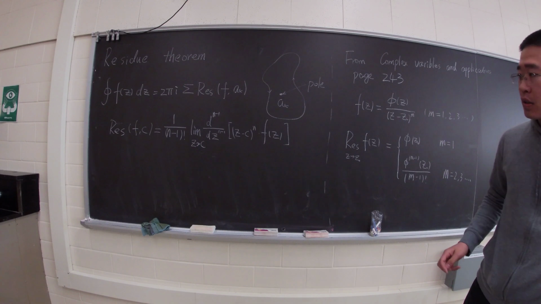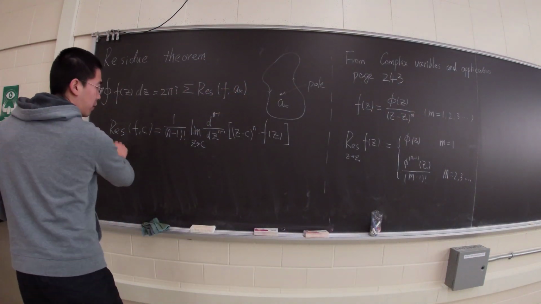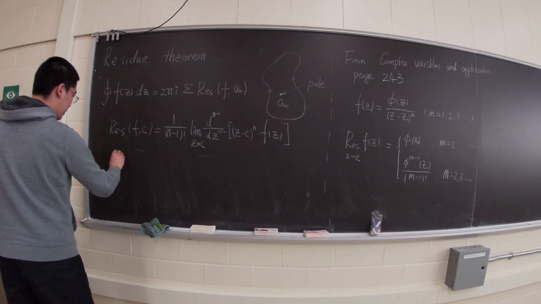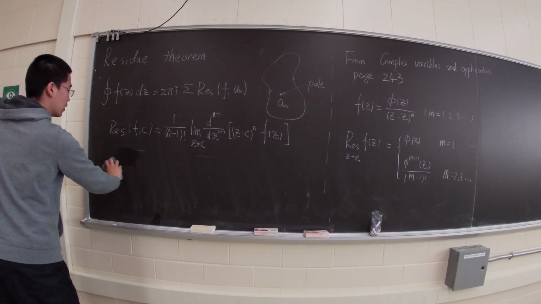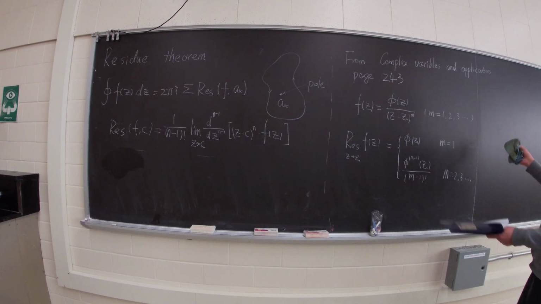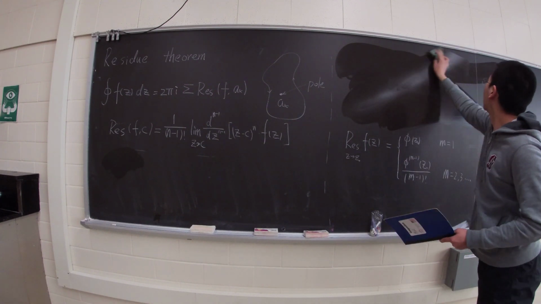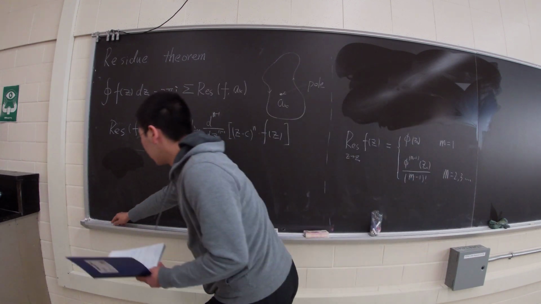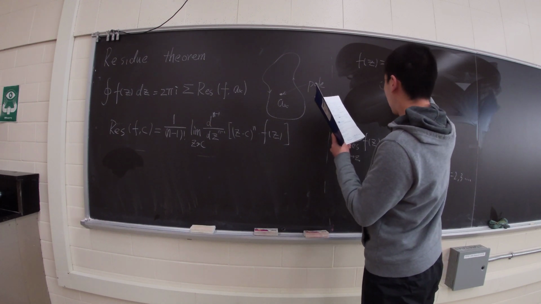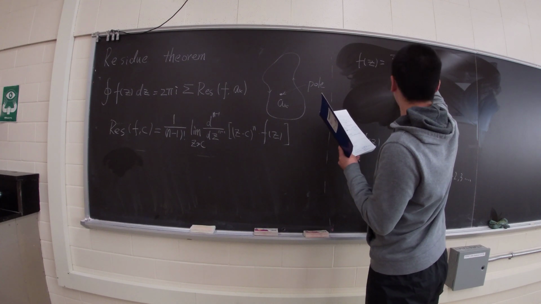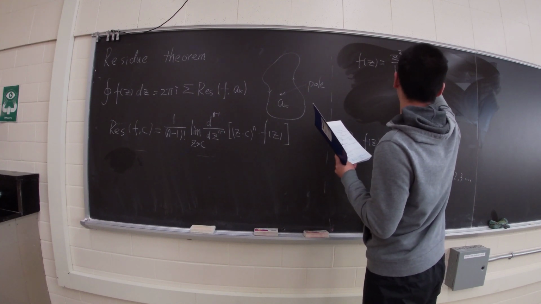So let me put some examples down here. If I have f(z) equals (z cubed plus 2z) over (z minus i) to the third power.